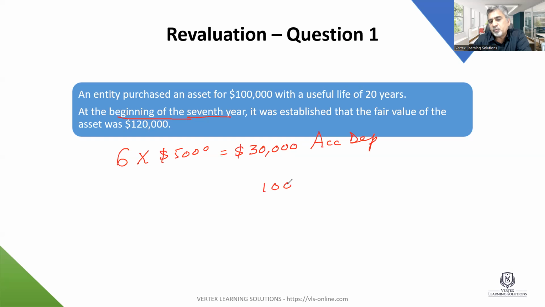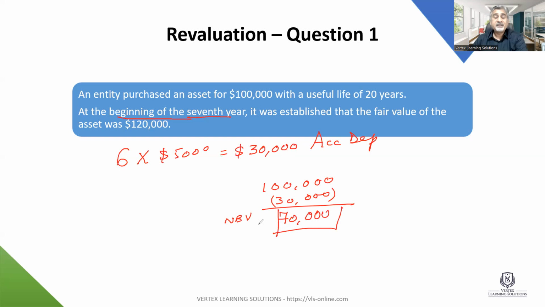Now the asset cost was 100,000, and in 6 years, I have already depreciated it by $30,000. So the carrying value, the net book value in my books for this asset is $70,000.